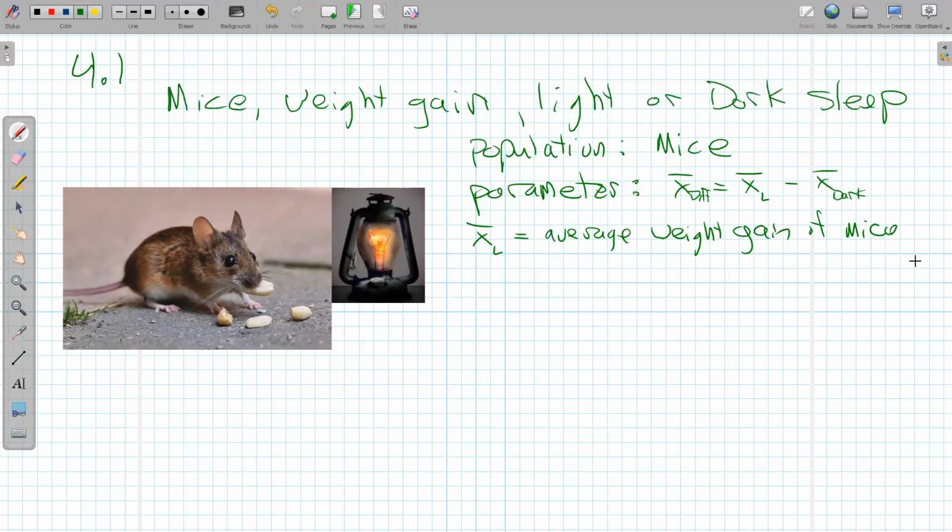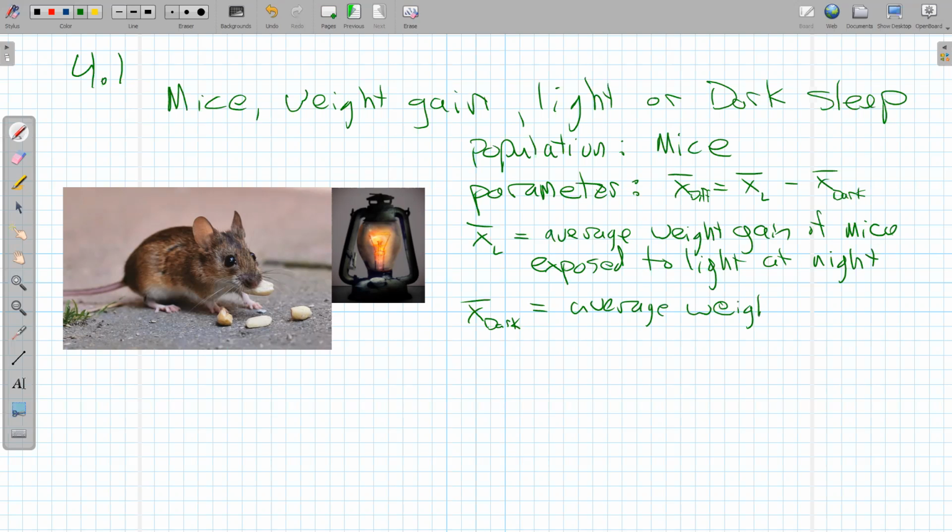So average weight gain of mice exposed to light at night. X bar dark is the average weight gain of mice not exposed to light.